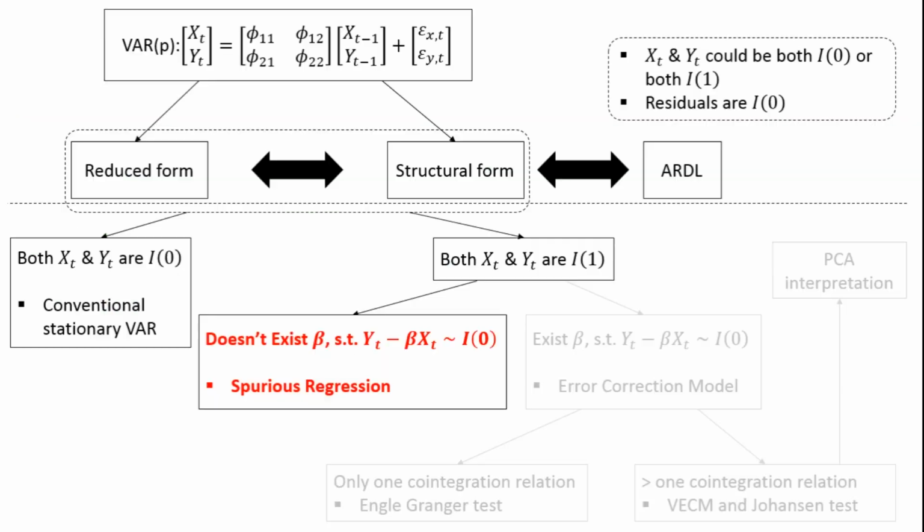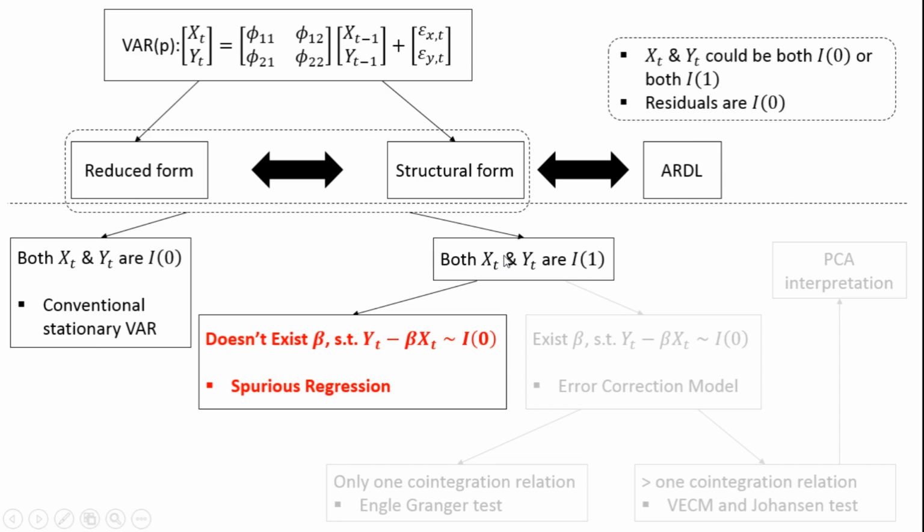In this situation, we have to recapitulate what we have said since the beginning. We have a VAR(p) giving a relationship between two variables and lagged variables. We have a reduced form and a structural form. In the situation in which xt and yt are stationary, we have a conventional stationary VAR.